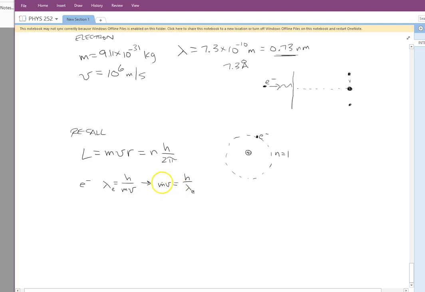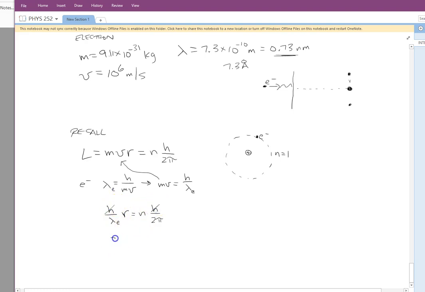So let's put this expression in there, Bohr's fourth postulate. If I replace mv with h over the electron's wavelength, I'll get h over lambda times r equals nh over 2 pi. And if I solve this for the wavelength, see how Planck's constants cancel?